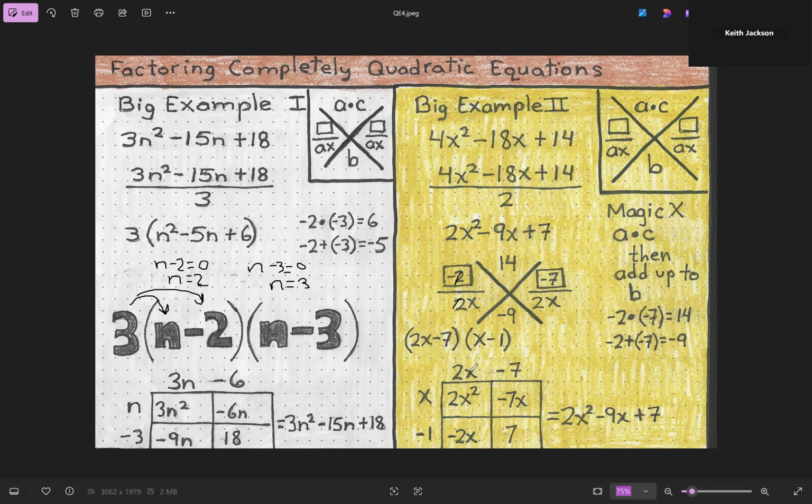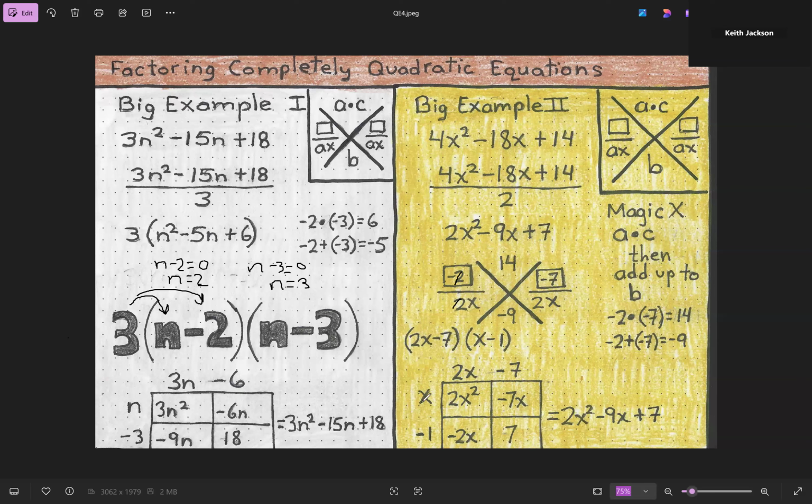And now we have our 2x minus 7 on the top and our x minus 1 along the side. And we're going to see if it's going to give us back our original quadratic equation. And so when we do that, we have x times 2x, and that will give us 2x squared, and x times a negative 7 will give us a negative 7x.